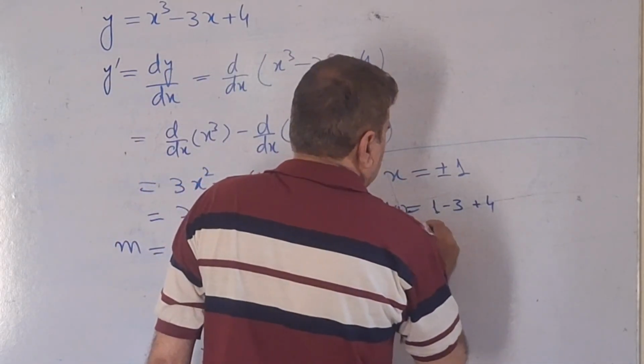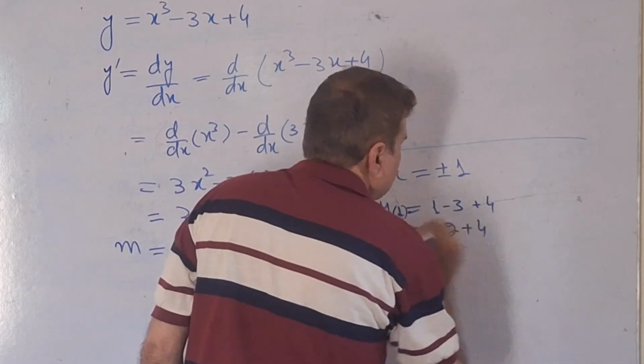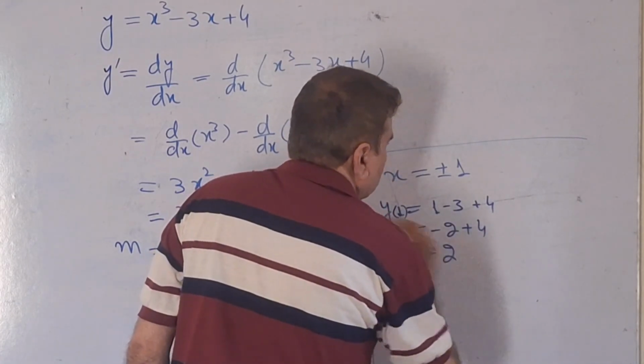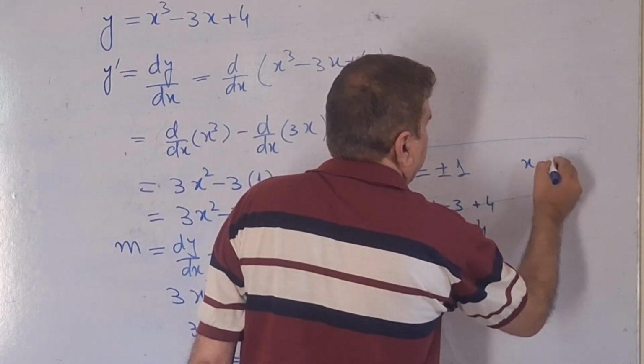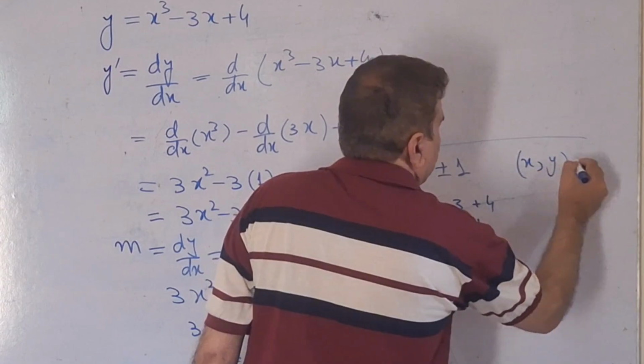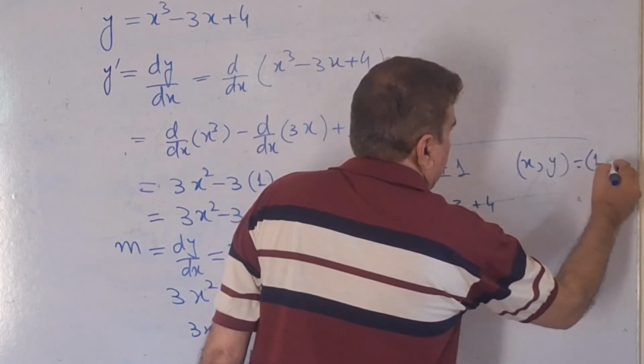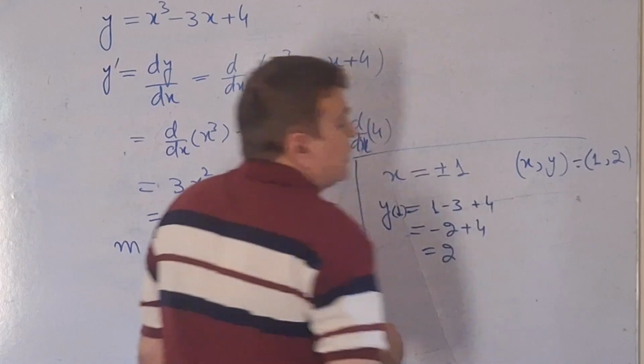This is equal to minus 2 plus 4, which is 2. So one point corresponds to the pair (x, y) equals (1, 2).